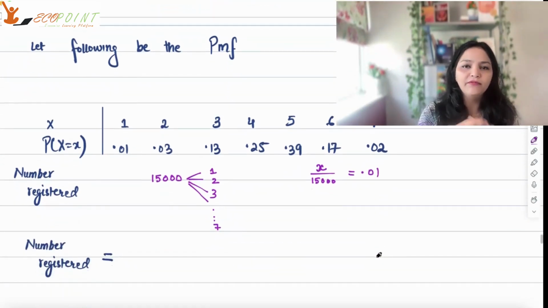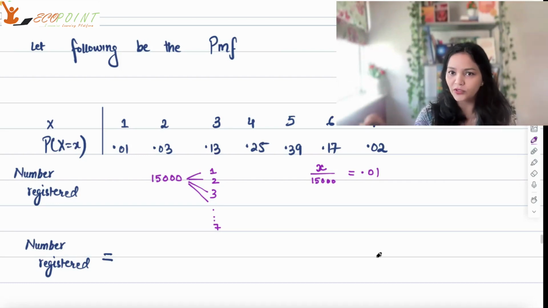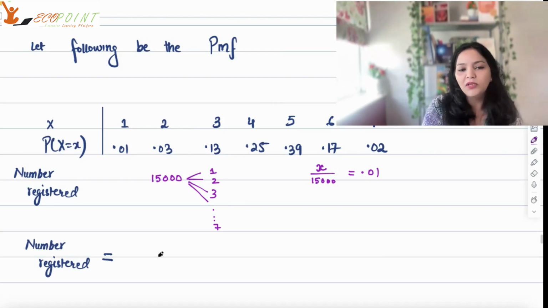So therefore, we can find out the number of students who are registering for one subject, for two courses, for three courses, till 7, if we have this probability given. For example, 0.01 is associated to 1. So how many students are registered for just one? Well, it would be 0.01 multiplied by 15,000.